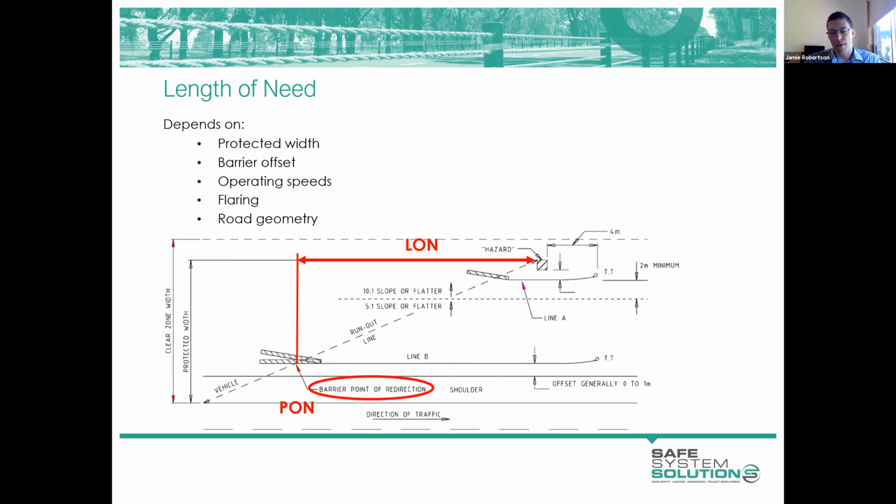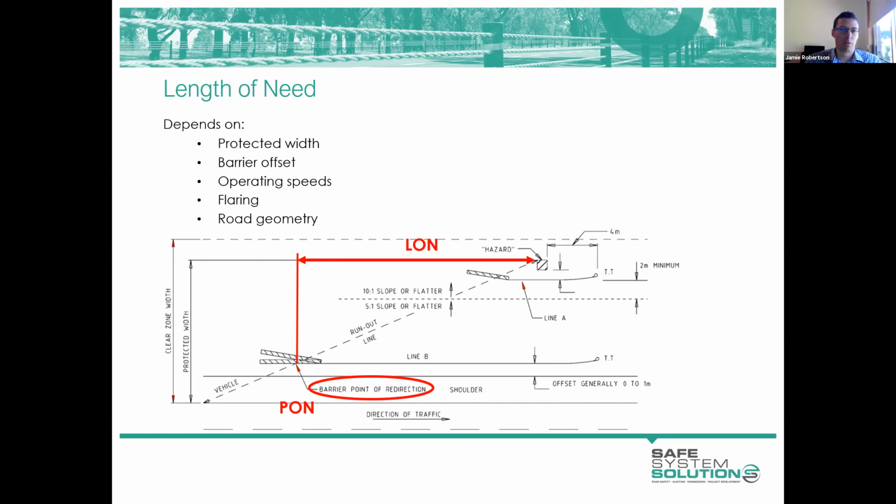The points of need are spelt out in the TCU documents or the product sheets that are available at the RMS website. So it will say something like the point of need is located 3 meters from the anchor point or at post 1 or something like that.